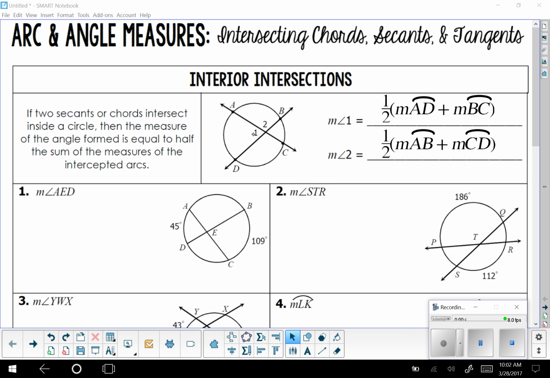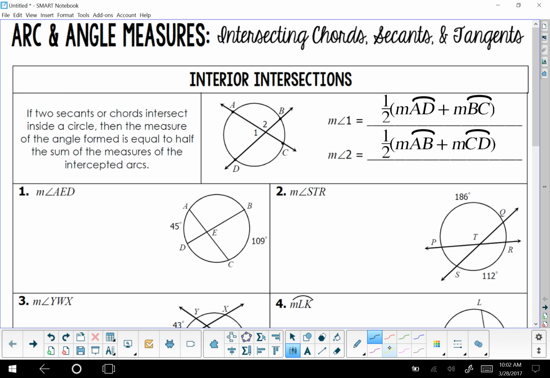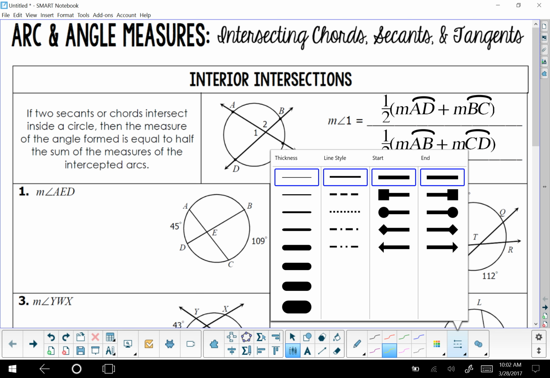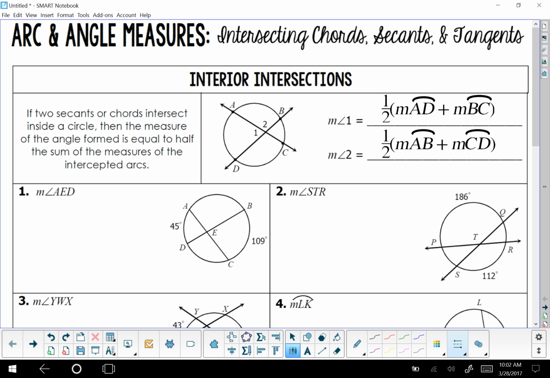So in order to find angle 1, you're going to be looking at AD and BC. So the two arcs that are around angle 1.